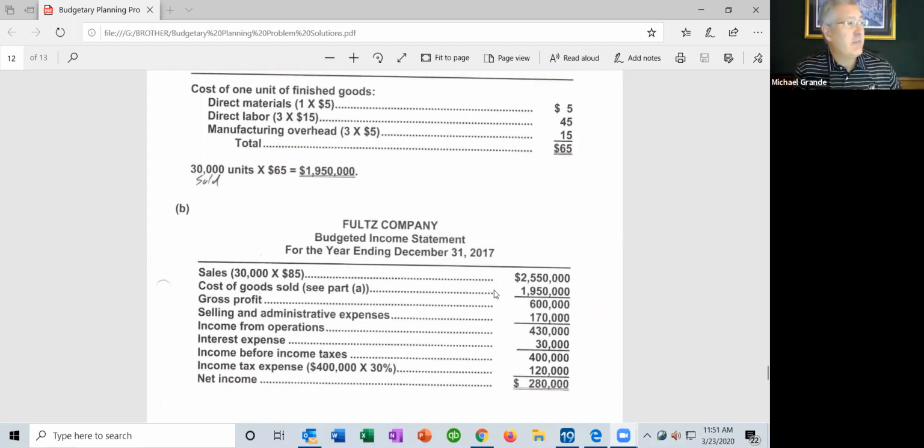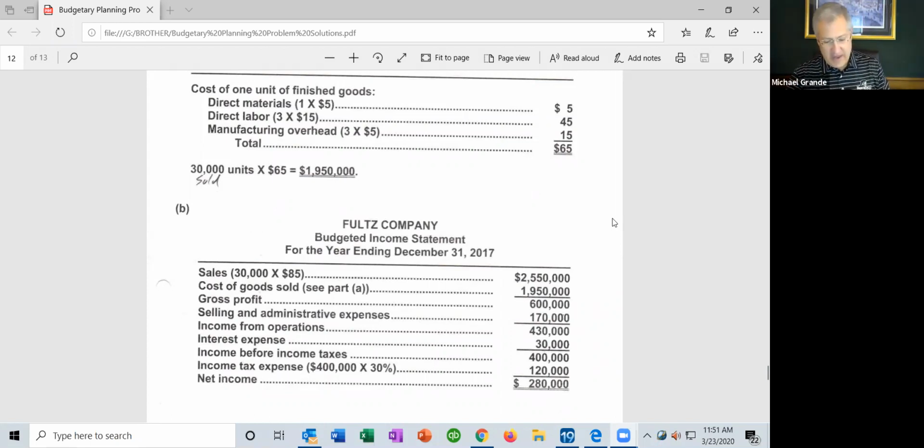The income tax rate is 30% on income before taxes, $120,000. Net income, $280,000. Budgeted income statement. In this problem, they told you about inventory, completely irrelevant information. Don't need to worry about that because you have product cost per unit.